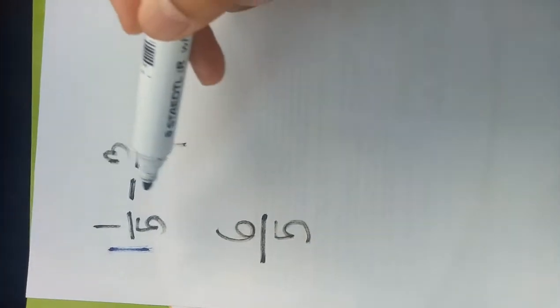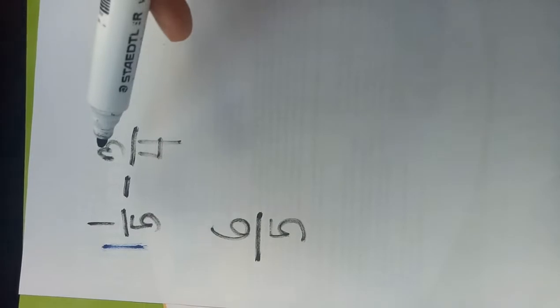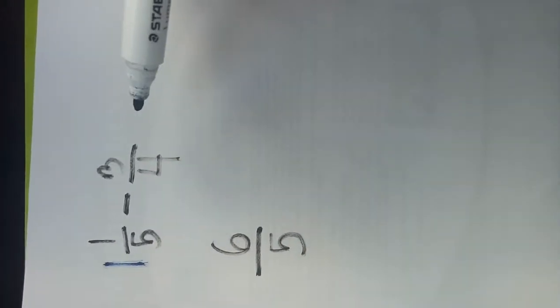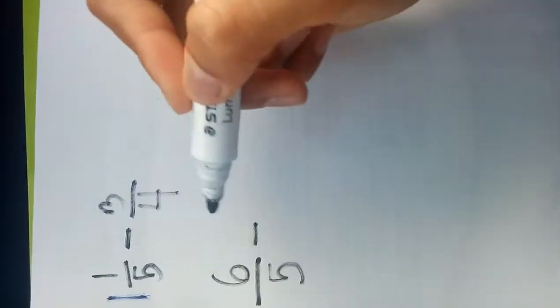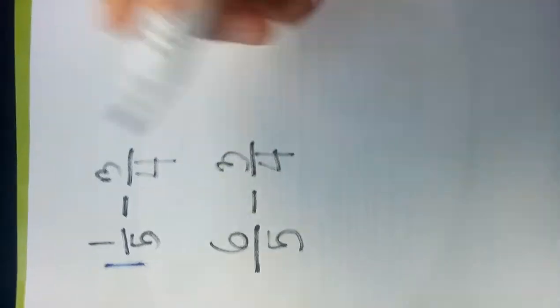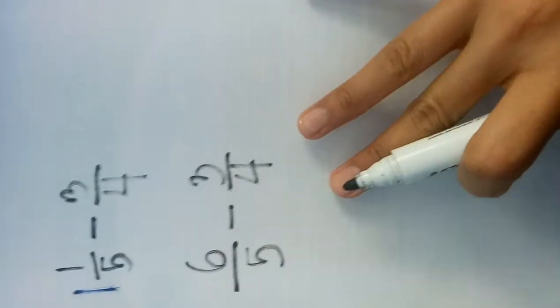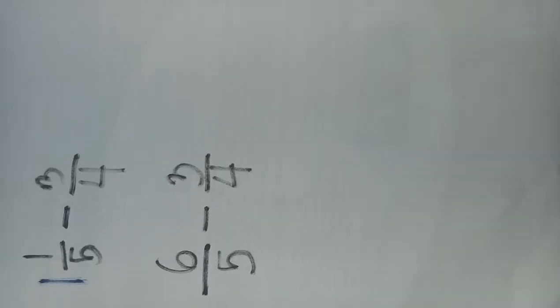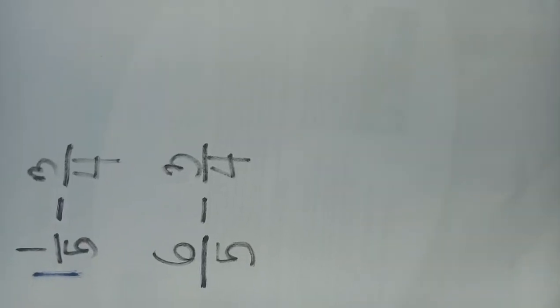Now, since this is a proper fraction, it's okay. You don't have to convert it to anything. You just copy it down. So we write minus 3/4, just like that. And now we just continue with the normal subtraction or addition process. This time we can use the crisscross method.